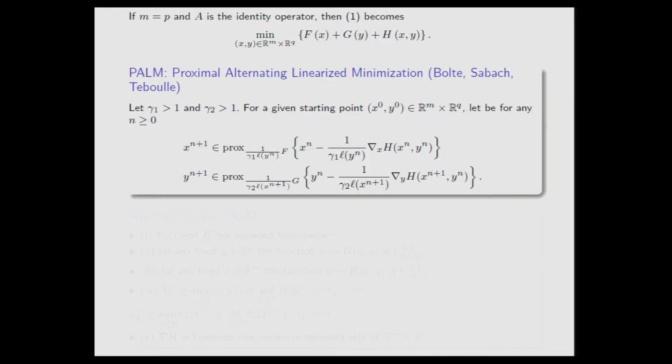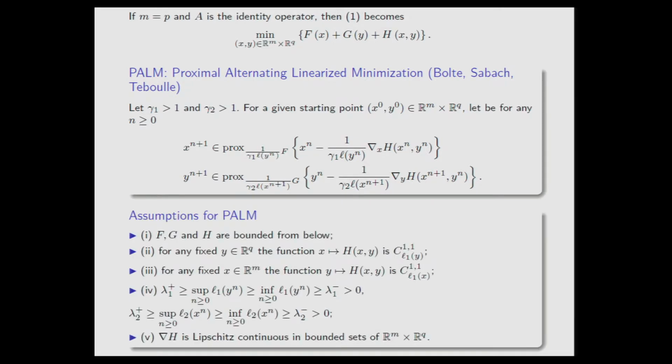The assumptions in this paper for analyzing the convergence of this algorithm are that f, g, and H are bounded from below. Then the coupling function was assumed to be differentiable, with gradient Lipschitz continuous in both components, of course with Lipschitz constants depending on the other component, and then we have a condition on the sequence of Lipschitz constants, namely boundedness, and a fifth assumption: the gradient was assumed to be Lipschitz continuous on bounded sets.